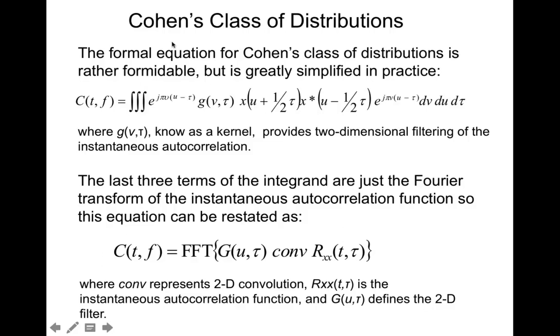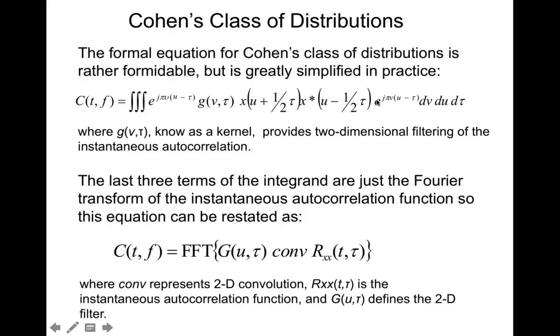So in general, Cohen's class of distributions. This equation looks kind of complicated, but basically the latter part of the equation is the Fourier transform, taken in two dimensions, u and tau.